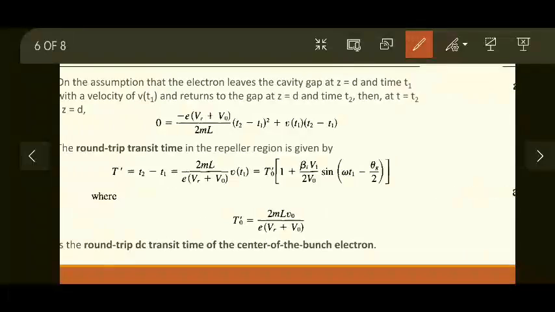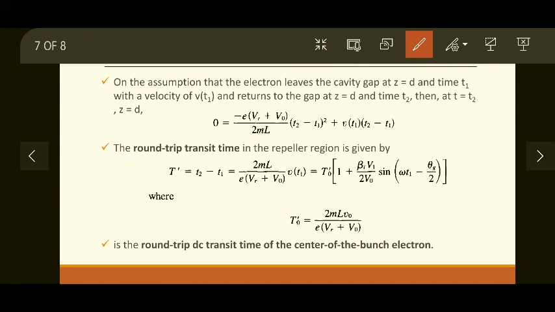Now next, on the assumption that the electron leaves the cavity gap at z is equal to d and time is equal to t1, that we have already said, and velocity of v of t1, it returns to the gap at z is equal to 0 and time t2, then at t is equal to t2, z is 0.